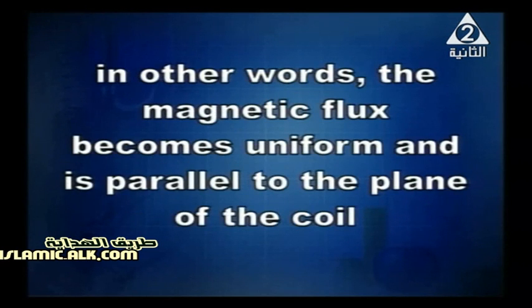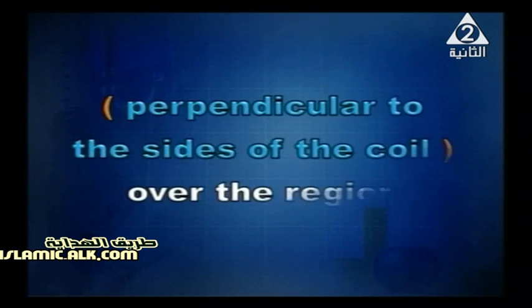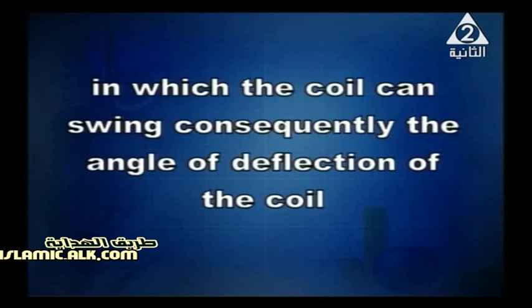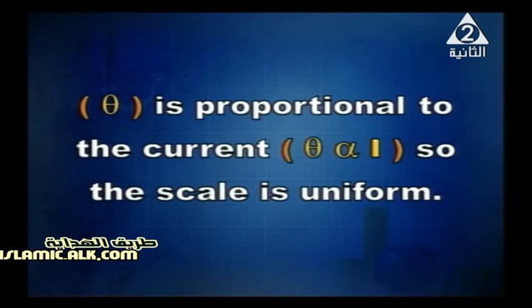In other words, the magnetic flux becomes uniform and parallel to the plane of the coil, perpendicular to the sides, over the region in which the coil can swing. Consequently, the angle of deflection theta of the coil will be proportional to the current, so the scale is uniform.